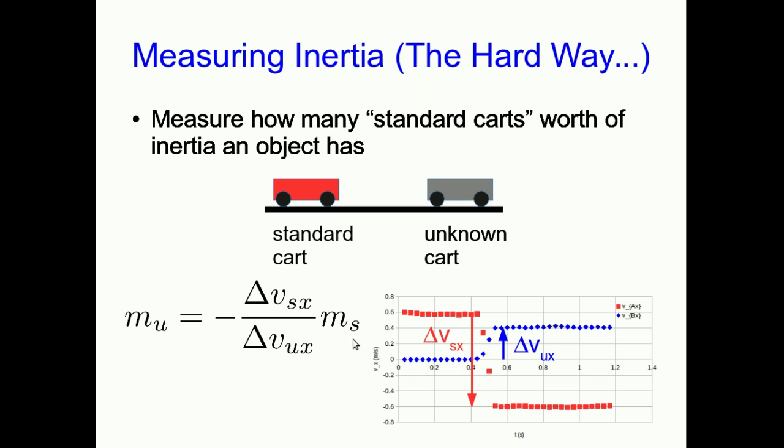That's its inertia, 1 kilogram, and you've suddenly found the inertia of the unknown cart in kilograms. So this is a way of measuring the inertia of an object. Now, I'm not going to claim it's a particularly efficient or easy way of measuring inertia, nor is it a particularly precise way, but it certainly would work.